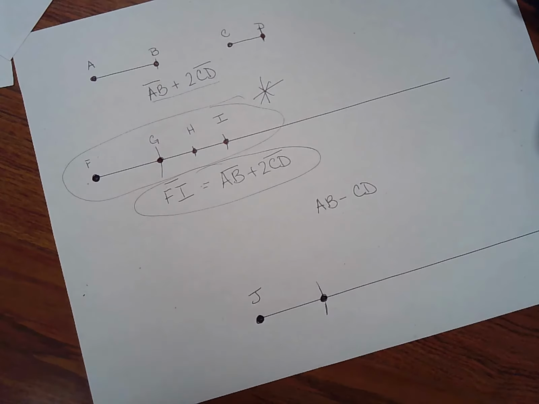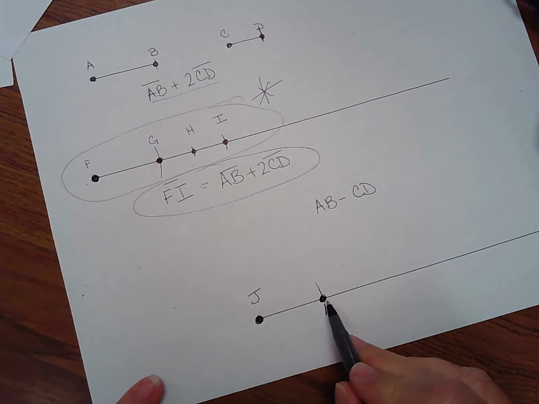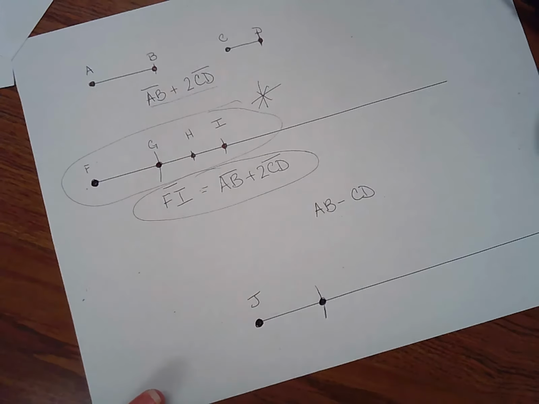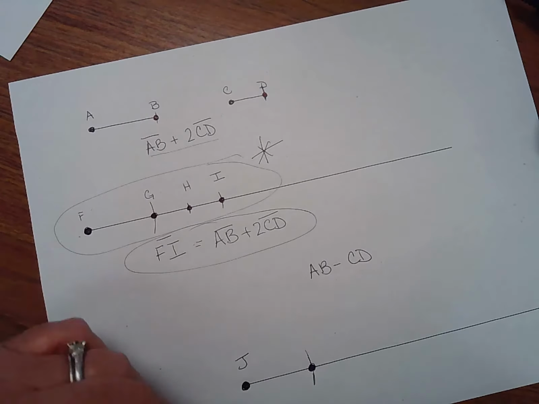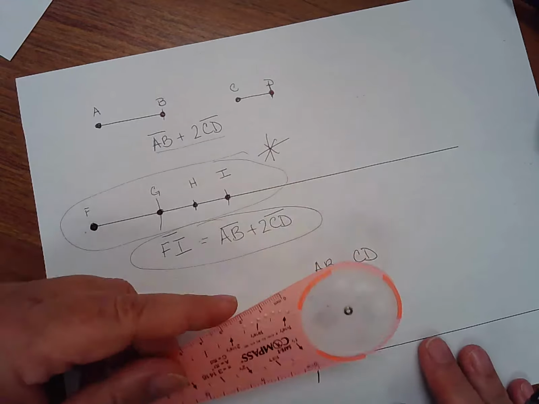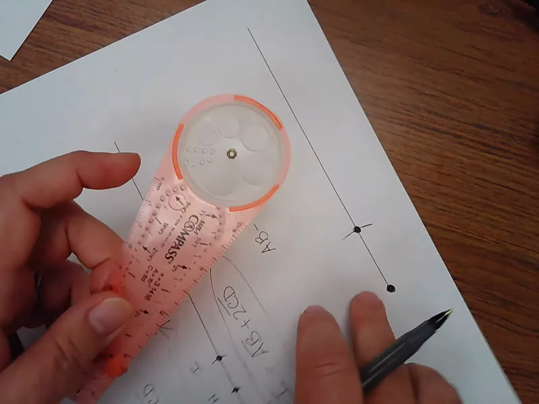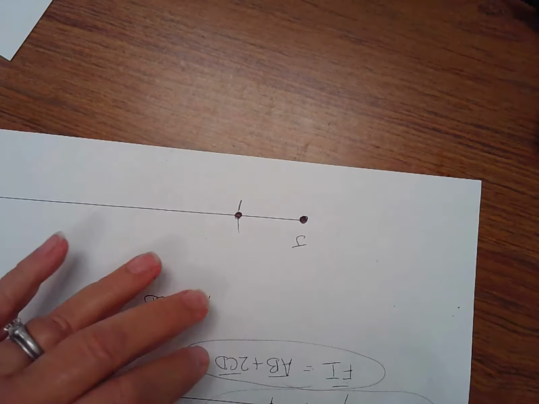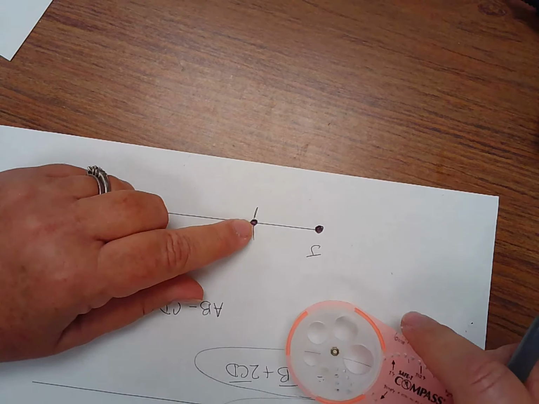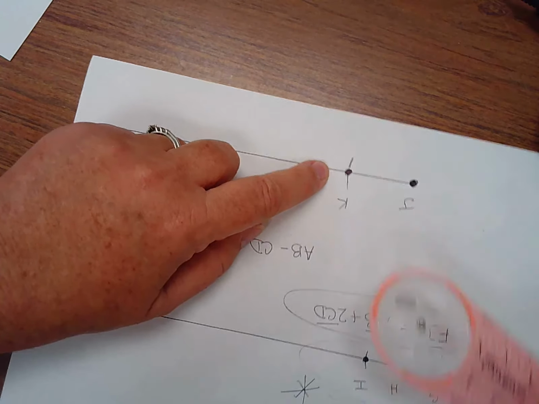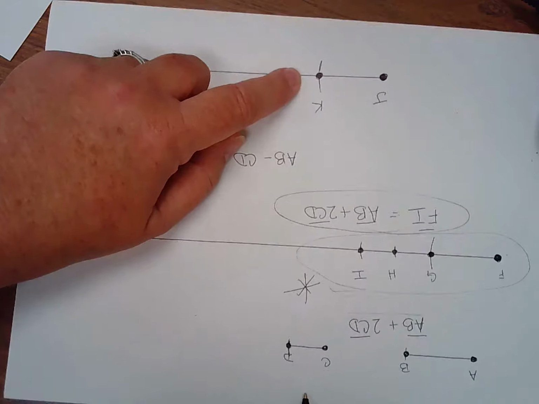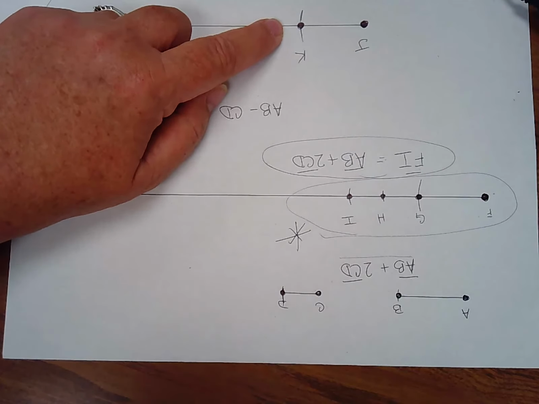Now this has minus CD, so that means I've got all of AB, but I need to take CD away from it. So I'm going to, in reverse, I'm just going to turn my work upside down. And that way I can work backwards. I'm going to start from the end. I didn't give this a name. Let's call it K. I'm going to start from K, and I'm going to go back the amount of CD.